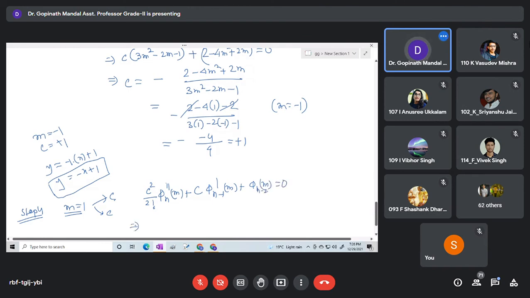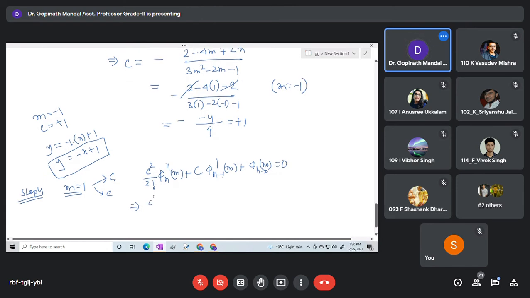So here, c square by factorial 2 phi 3 double dash m plus c phi 2 dash m plus phi 1 m equal to 0.